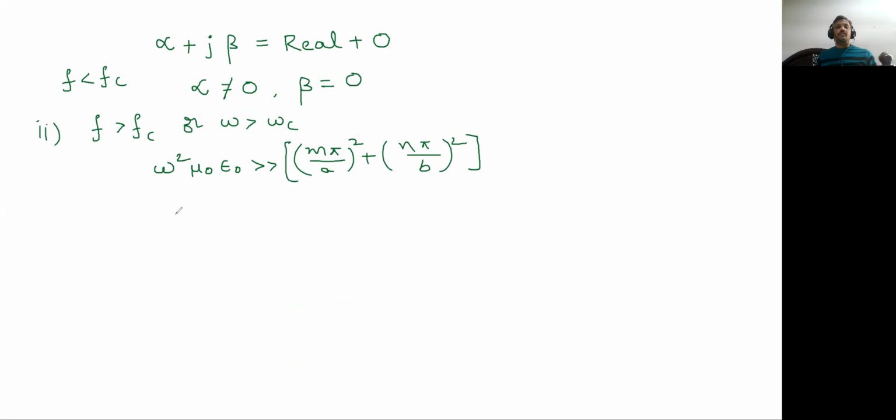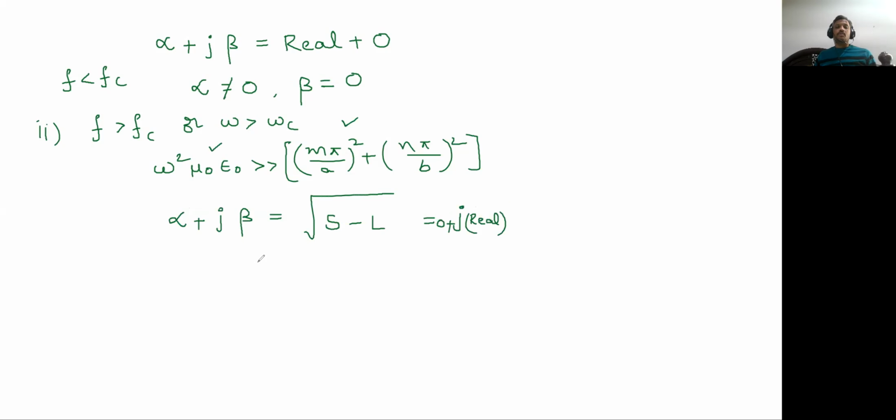Once you get this expression, gamma, which is alpha plus j beta, will be equal to under root of, this is very small and this is very large. So a smaller number minus a larger number will always give an imaginary number, something like j times some number. That number may be real, but j into that becomes imaginary. So now there is no real part here.